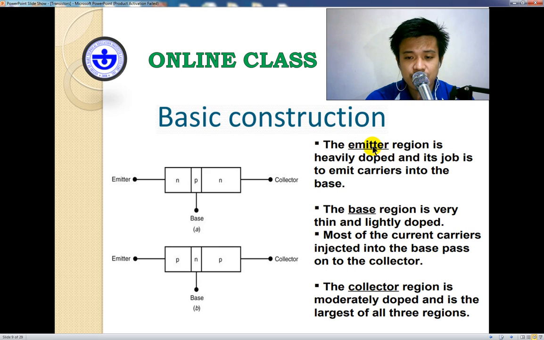Lastly, the collector region is moderately doped, and it is the largest of all three regions. Again, the largest is the collector, followed by the emitter, and the smallest region is the base. So I hope that is clear.